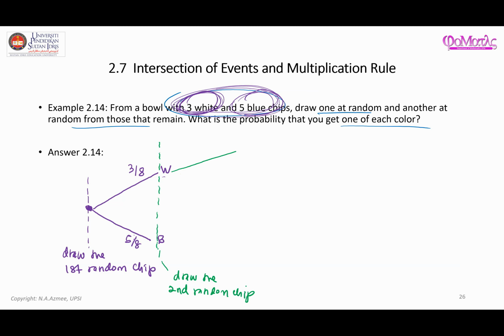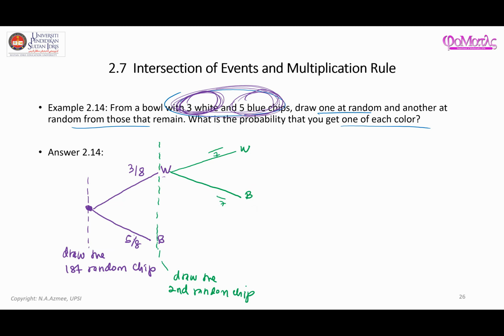Therefore, the total number of chips in the bowl is going to be 7. You imagine this process happening at the second stage. Of course, you may get either a white chip or a blue chip. And like I said, the total number of chips is going to be 7 because you have already taken 1 chip at the first stage.